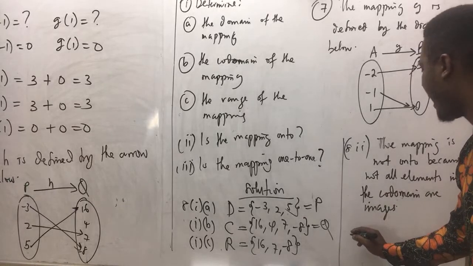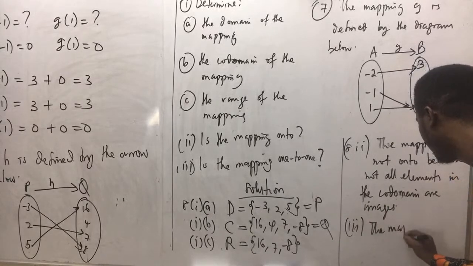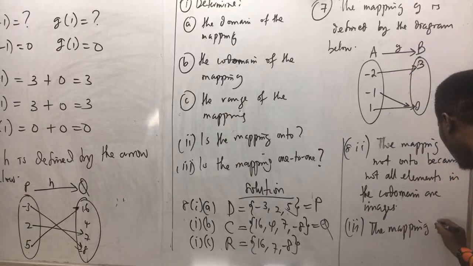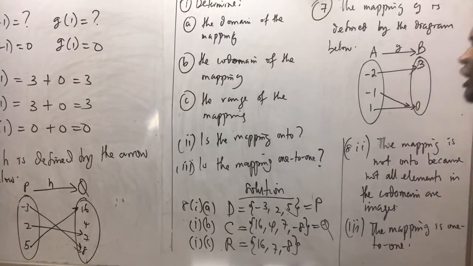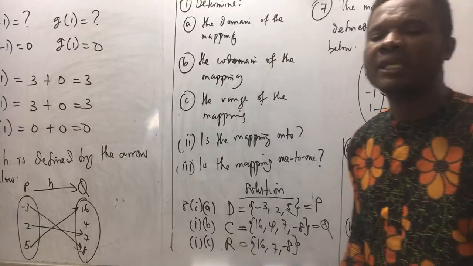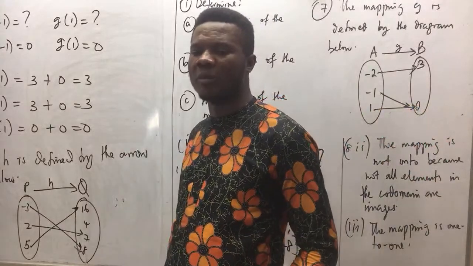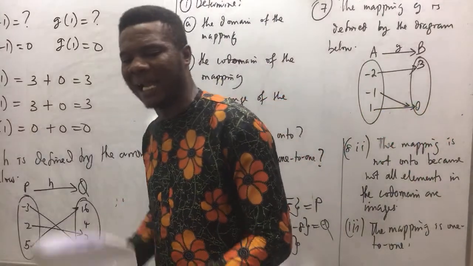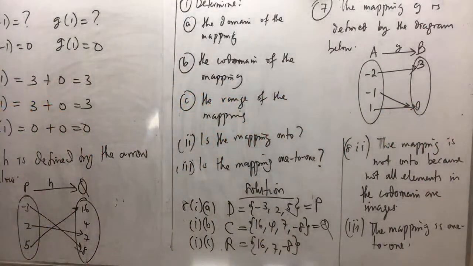Then for III, the mapping is 1-to-1. Now, why is it 1-to-1? It is because no element in the domain is sharing an image. Every element in the domain has its own unique and distinct image from the codomain of the mapping. Okay? So, that answers question 8.